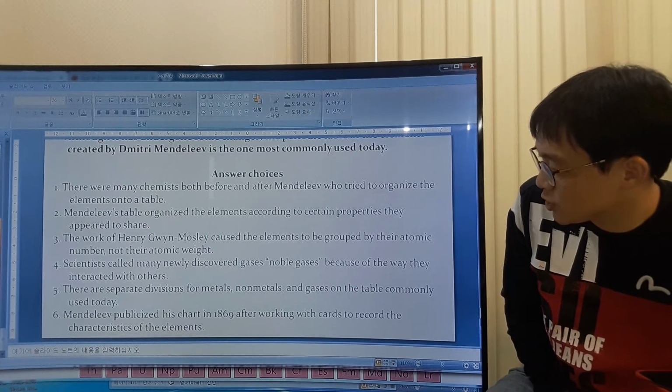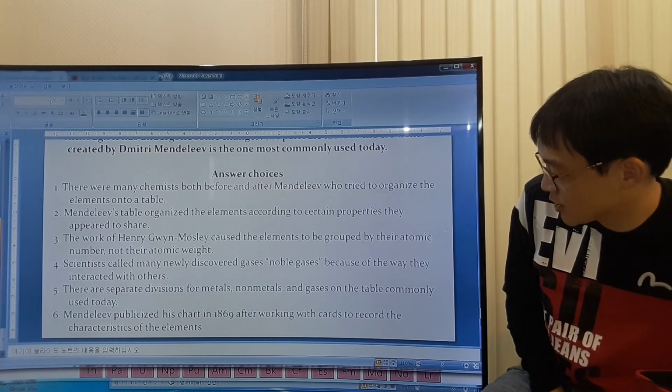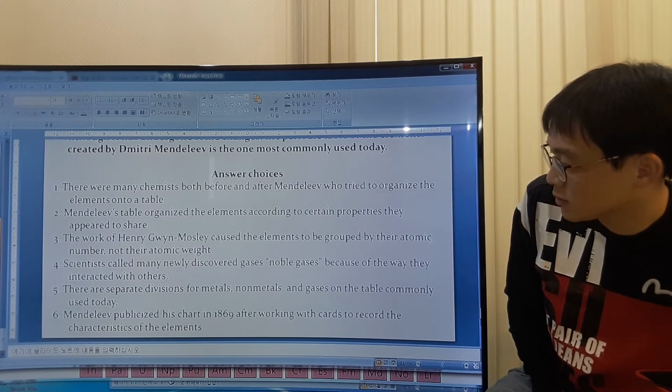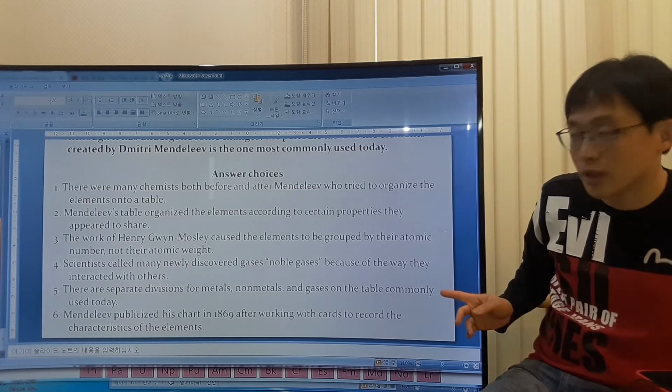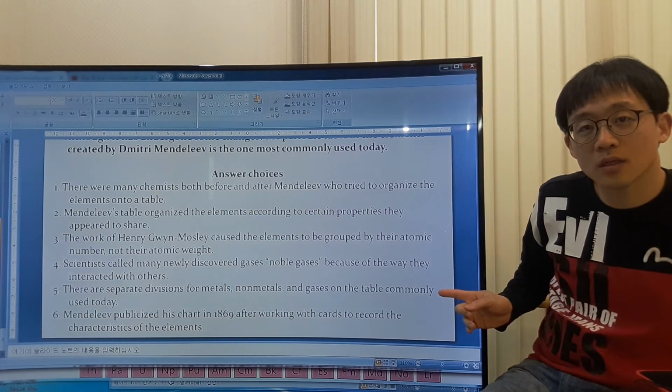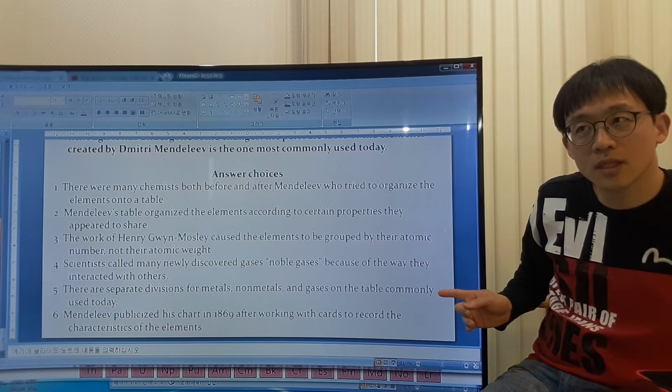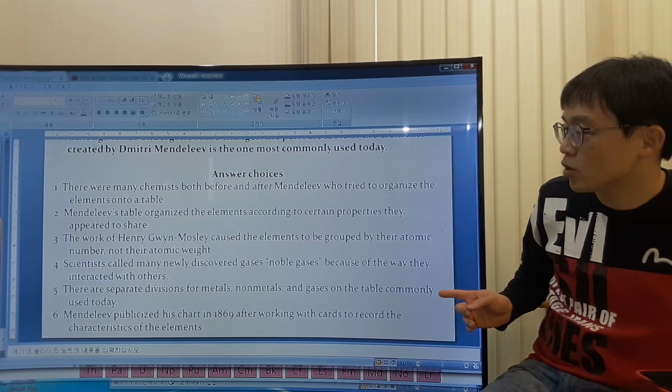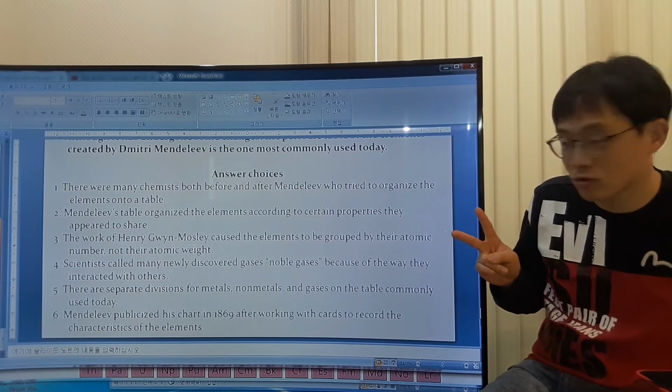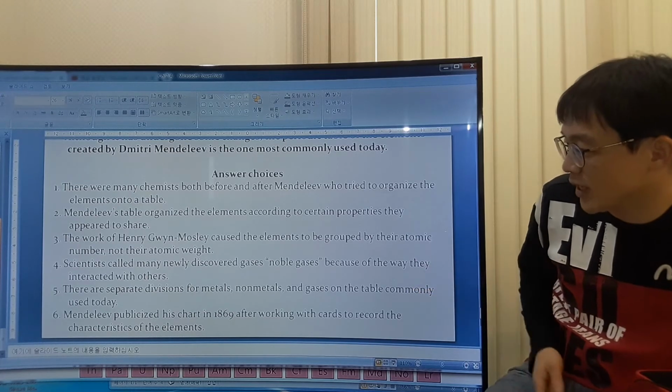There are separate divisions for metals, nonmetals, and gases on the table commonly used today. This is about what? The common table that we use today, right? This is what? This is the content of the last paragraph, so it's very important, so we're going to pick 5.